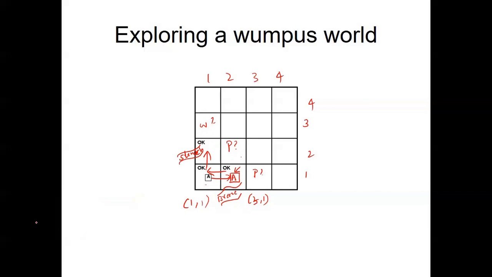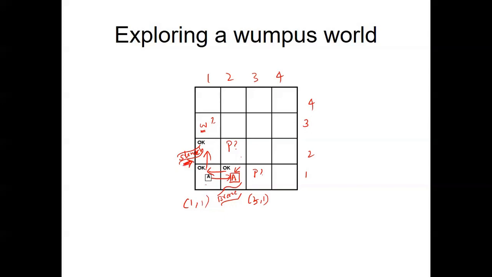Now there is also another observation. What is that? Here at this point, the agent is not experiencing breeze. The agent is experiencing only stench, and the agent knows that Wumpus is here. So what does it mean?